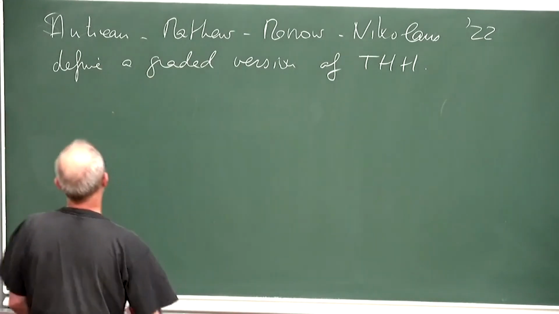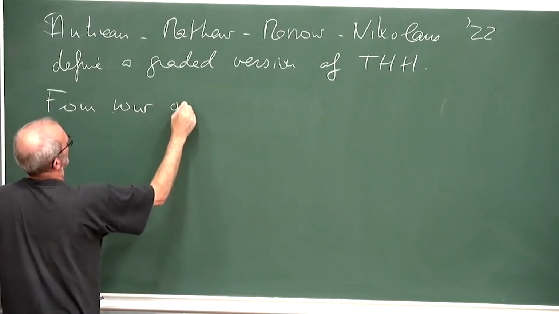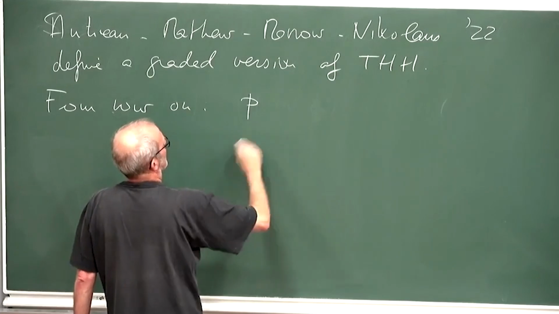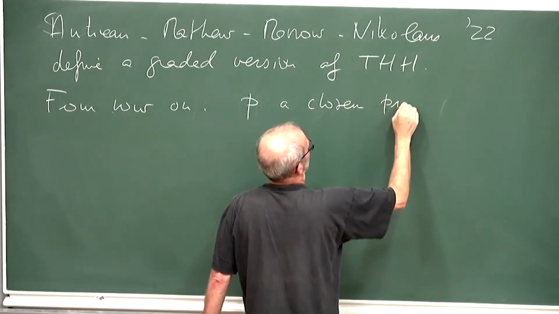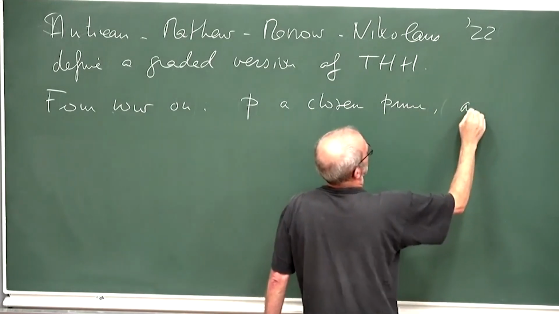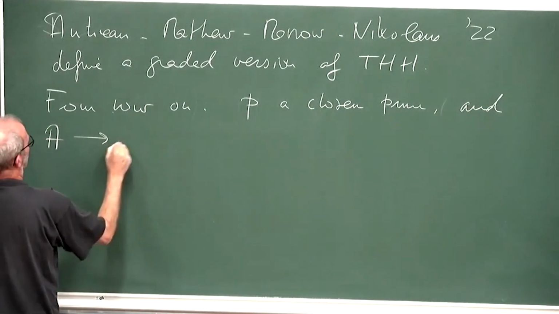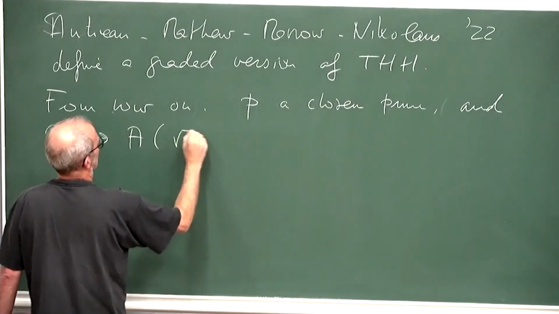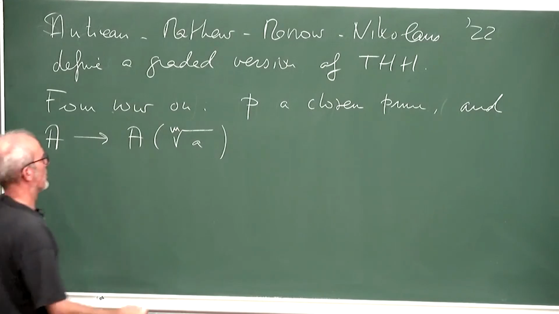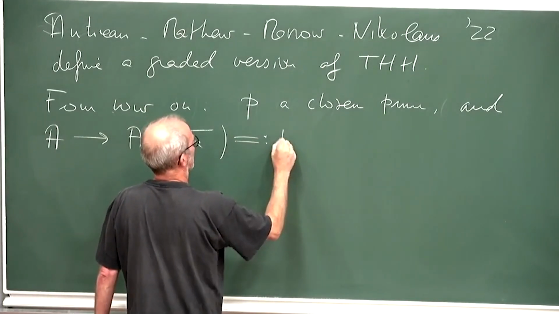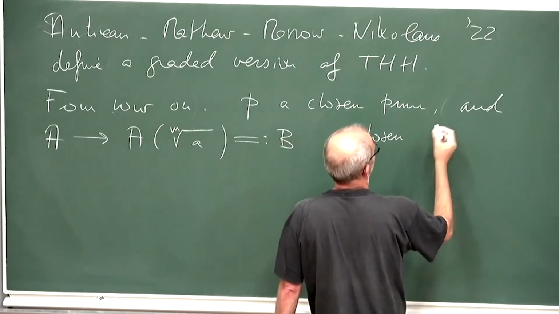So let's say that from now on, p is a chosen prime, and I'll just write this for B. I've chosen an extension, okay?